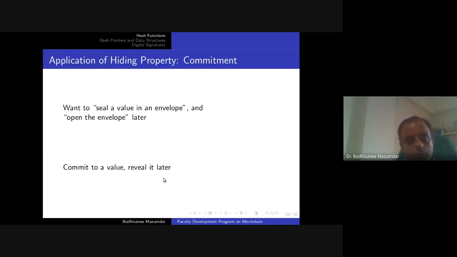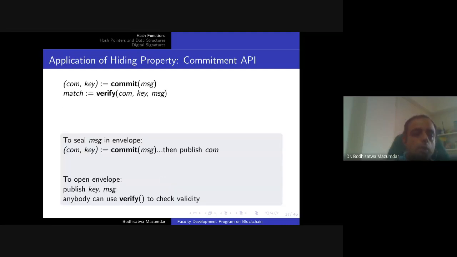So how is this done using a hash function? We'll see it now. This is the commit function, and the value that you want to seal is the message, that is the original message. You seal this message using a glue, so you put a glue on that envelope, and you put that envelope on the table.